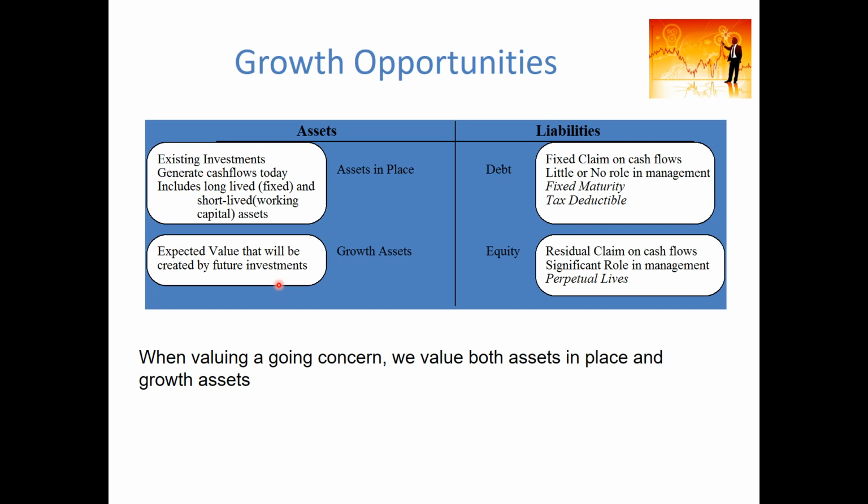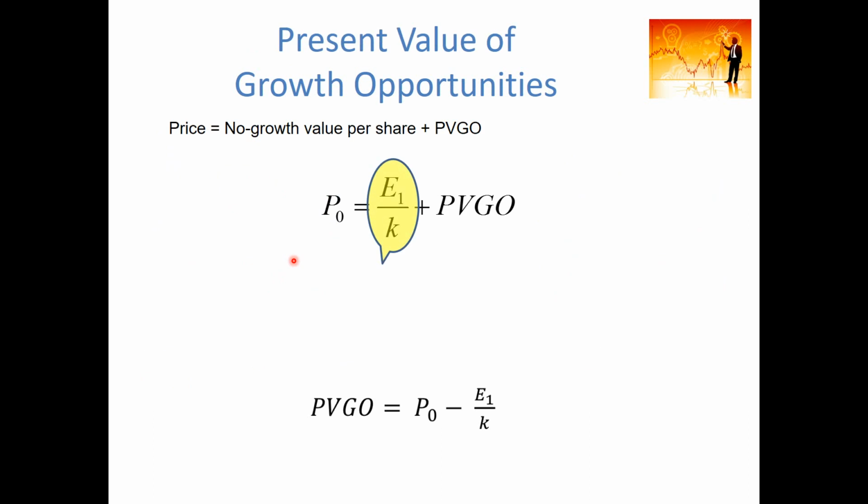Another way to think about that is the no growth value per share. And we can measure that as expected earnings in perpetuity through time. So earnings at the end of the current period divided by k, this is saying that next period's earnings are going to continue in perpetuity for the firm.